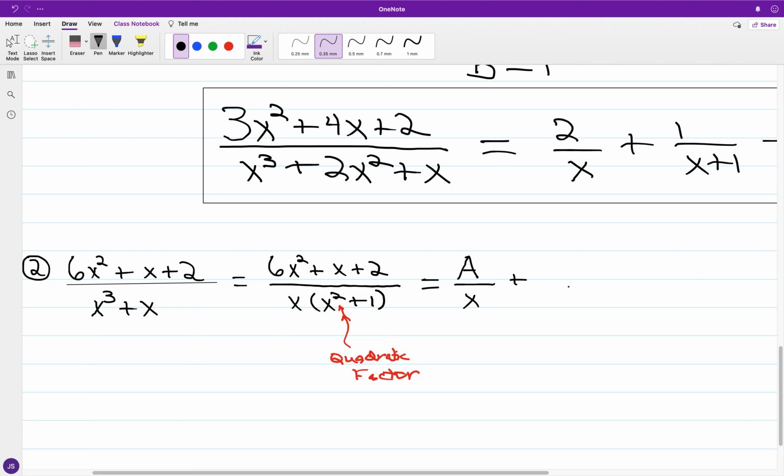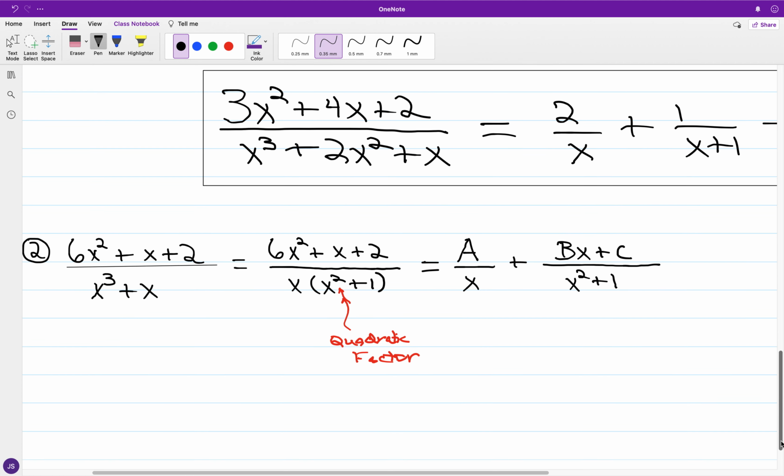Now for x squared plus 1, if the expression cannot be factored, you want there to be a 1 degree difference between the denominator and the numerator. So with x squared plus 1, I want the numerator to be first order in x, so I'm going to have bx plus c.